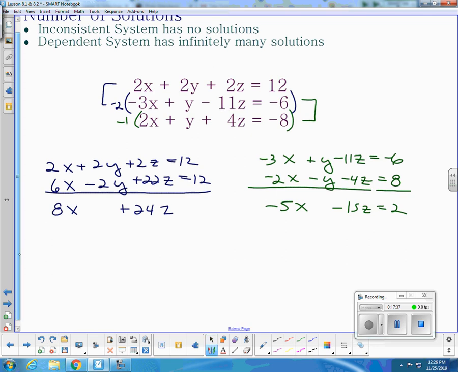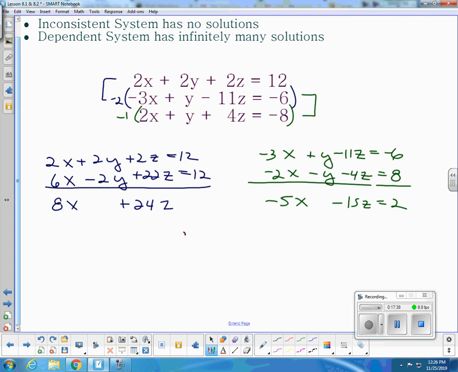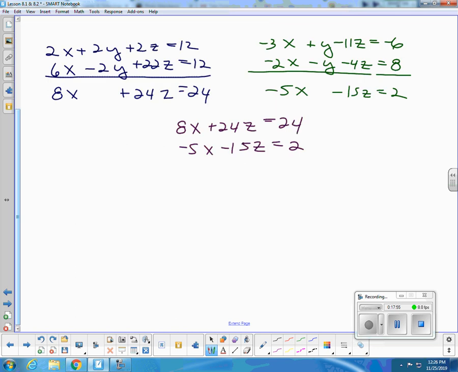And then put them together. Somehow I lost my 24 up here. Okay. And then you pick which one you want to get rid of. X or Y. X. Y is pretty big there in those numbers. So we're going to multiply the top by 5 and the bottom by 8.